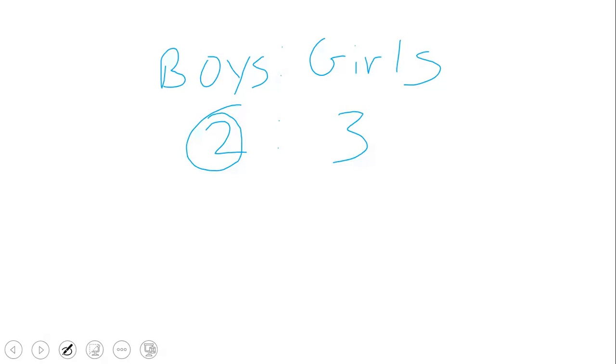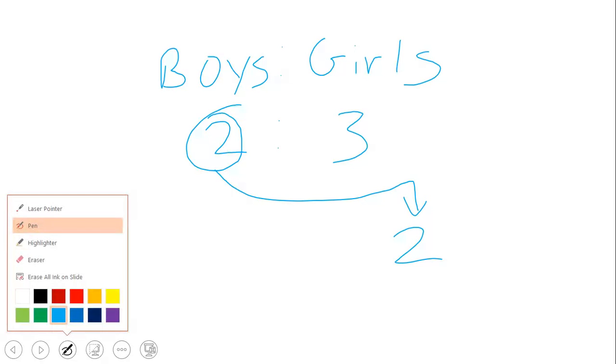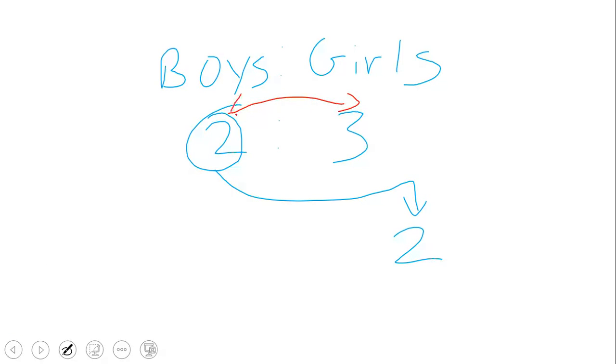The ratio of boys to girls is 2 to 3. So we're going to take this 2 and use it to be the numerator of the fraction that we're trying to construct. And then we're going to take the 2 and the 3 and add them.